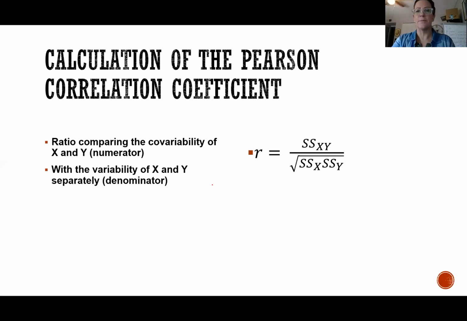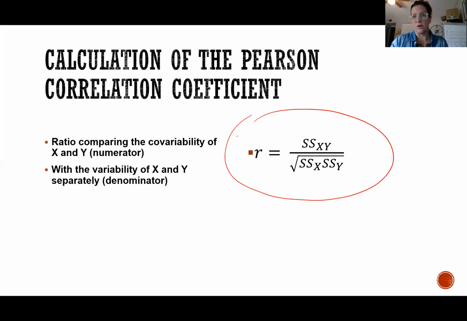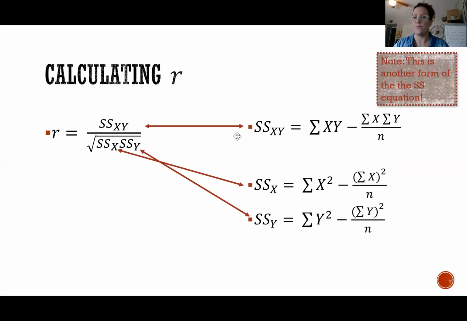So ultimately, this is our equation for Pearson R, which is known as the correlation coefficient for Pearson. So that equation is one that you're going to get used to over the next week or so. It's a lot of repetition with sums of squares, just using sums of squares in different ways now.